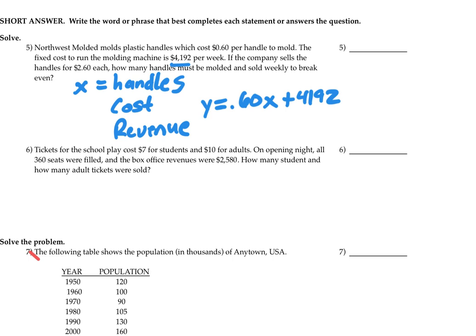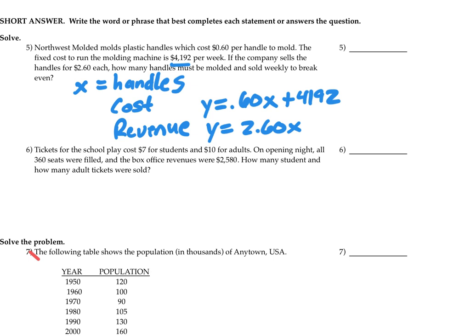There's a $4,192 cost to the company. And then they're going to sell the handles, so that would be your revenue, for $2.60 a piece. And that's my only revenue, okay, just selling the handles.